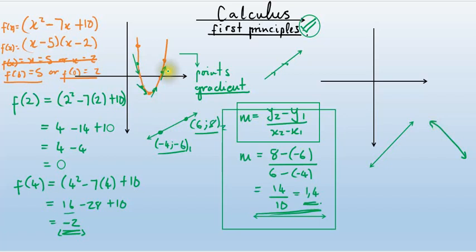They are all straight lines which are either going this way or they're going that way.